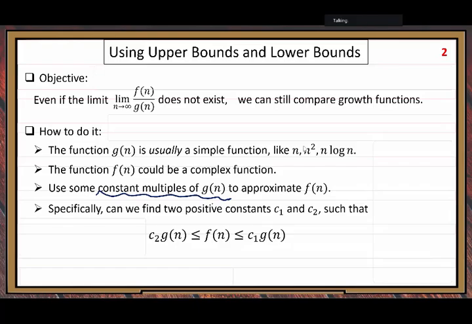But we can do a special type of comparison, in inequalities. So now, with this new method, we want to define another three asymptotic notations.